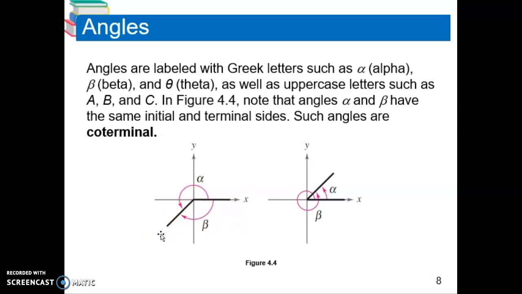Once again, such angles are called coterminal. In the second picture, you can see angle alpha is less than 90 degrees, while angle beta is a full rotation of 360 degrees plus the measure of angle alpha. Once again, coterminal angles.